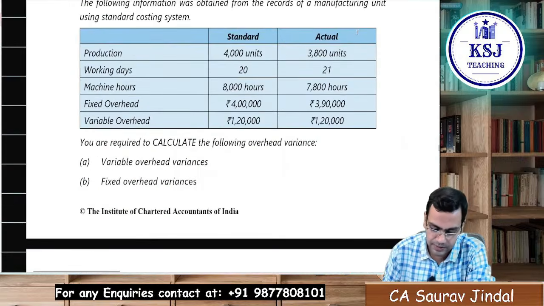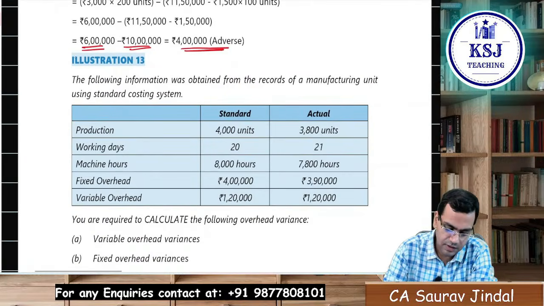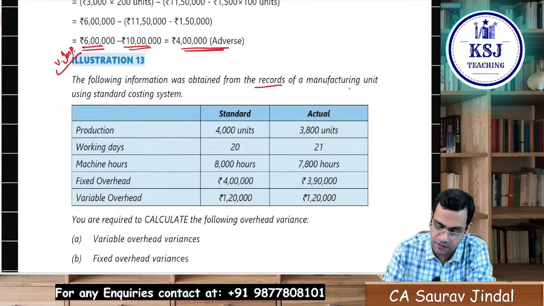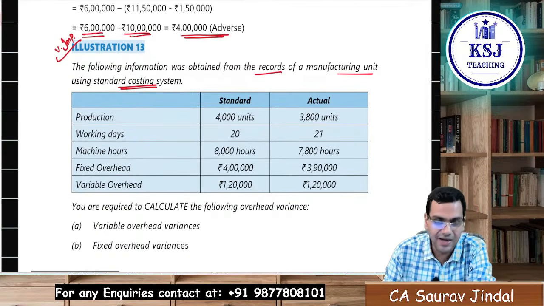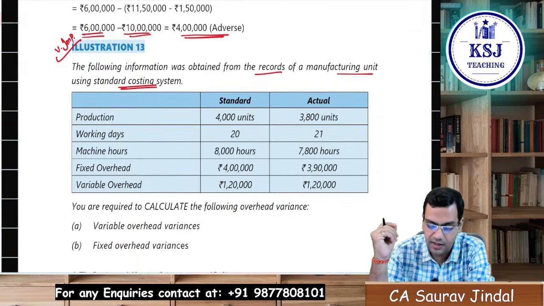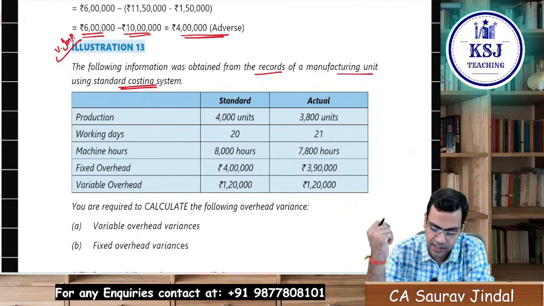Illustration number 13. Mark it as important. The following information was obtained from the records of a manufacturing unit using the standard costing system. So standards are given, the actuals are given, production is given, working days are given, machine hours are given and the fixed overhead and the variable overhead.